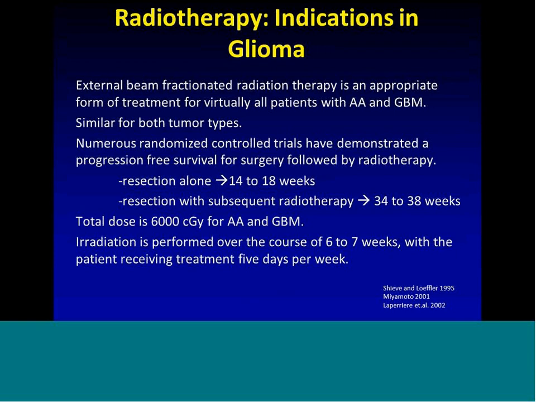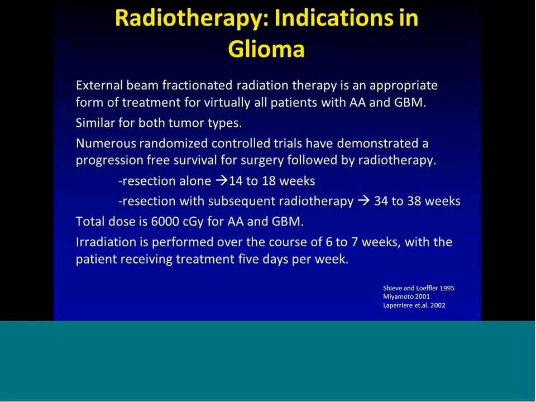Okay. So for high-grade tumors such as an anaplastic astrocytoma or a GBM, we're going to utilize radiation. Numerous trials have shown that with resection alone versus radiation, you're always going to have a better prognosis if you add radiation. And the total dose is about 6,000 centigray. Okay?